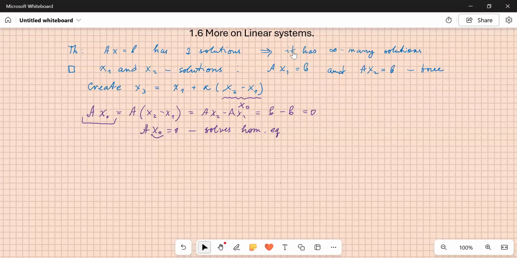Now, what we have in this solution x3, which I'm proposing, is solution x1, which is actually a solution, right? And a solution of the homogeneous equation, this one, multiplied by an arbitrary constant k, a real number, arbitrary.